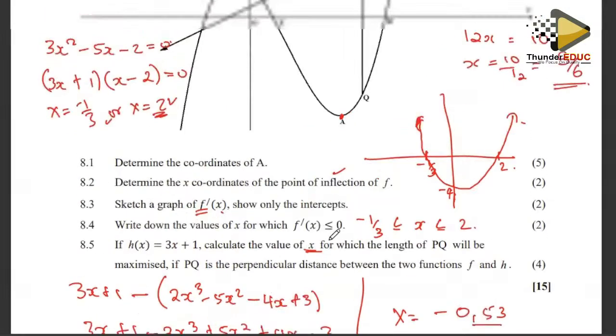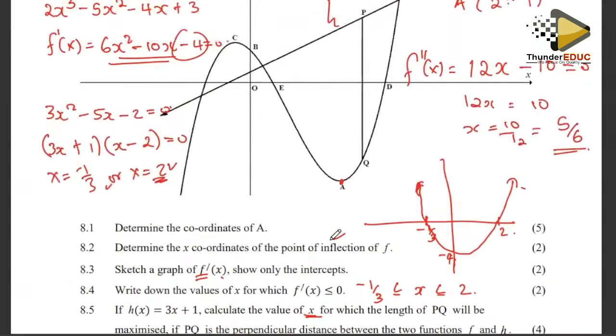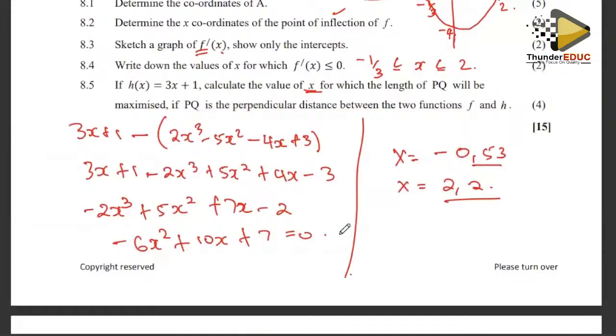Okay, so when you look at this, the line is on the positive side. Remember our x here was a 2, meaning that 2.2 makes sense. So therefore, x is going to be 2.2.